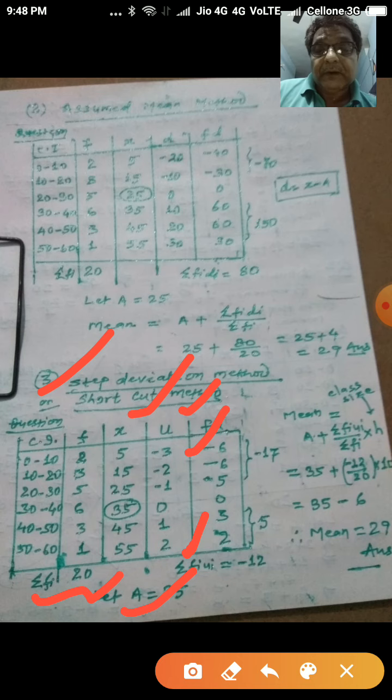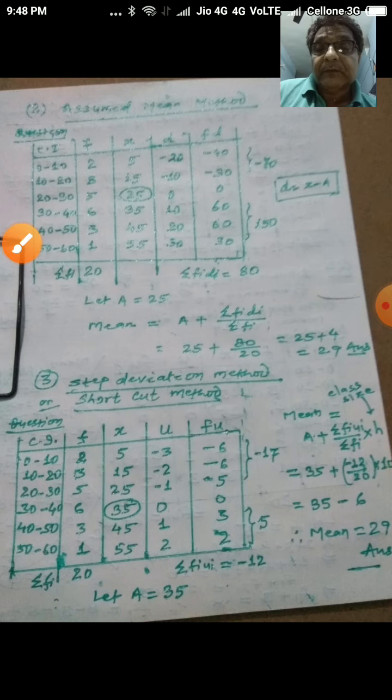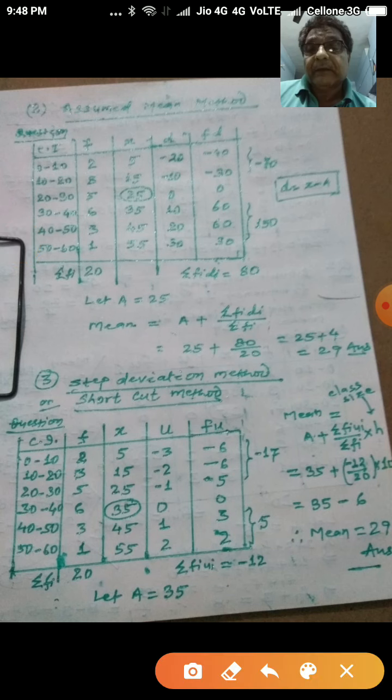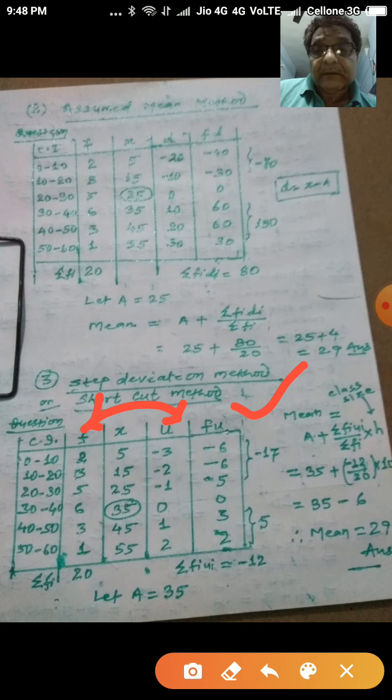Now we will multiply f and u, so the column will be fu. Some values are negative, one value is 0 and other values are positive. We will add these, so it will be sigma fi ui, and the f column sum is sigma fi.